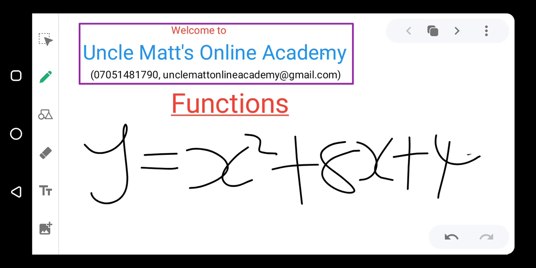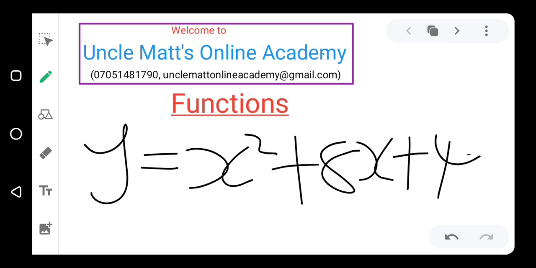We use completing of the square method to transform standard quadratic form to vertex form. So we start with the normal way of solving our quadratic equation using the completing of the square method. The first thing we do is to find the b. We look for the b in the quadratic equation, and the b is this.